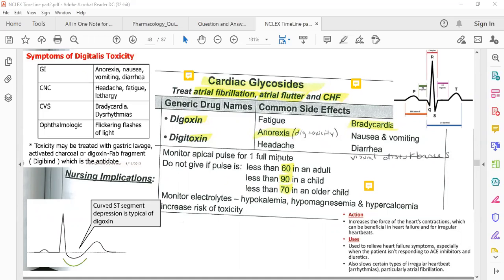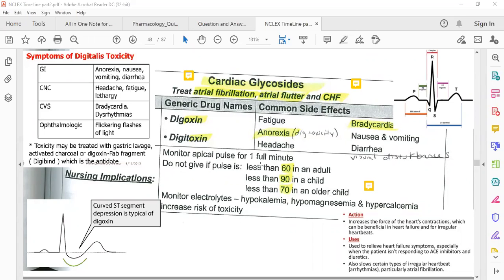Always take an apical pulse and hold if heart rate is less than 60 in adults and less than 100 in infants. Some books said less than 90 in children and less than 70 in older children. But I said less than 100 in infants as well.